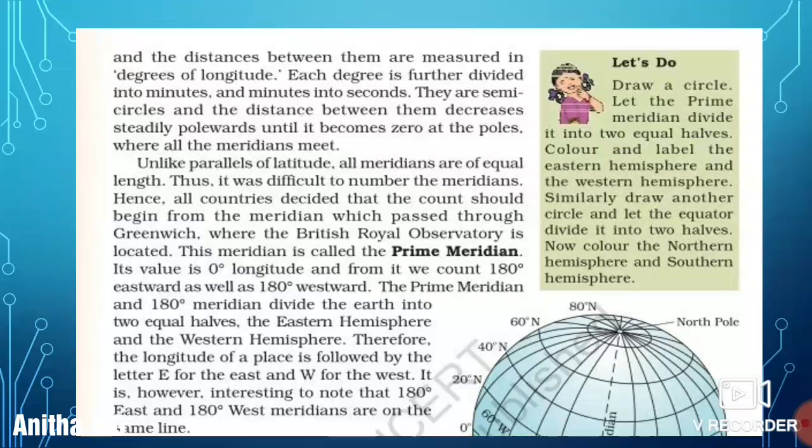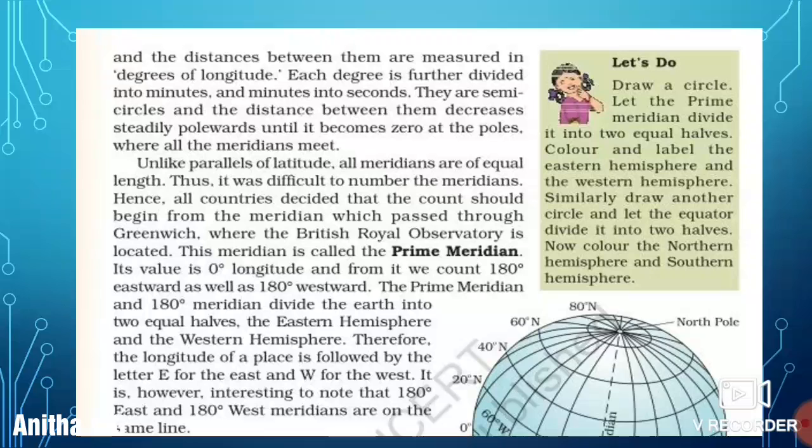The latitude 0 degree, the equator, divides the earth into two equal halves, the northern hemisphere and the southern hemisphere. In the same way, the prime meridian or 0 degree longitude also divides our earth into two equal halves, the eastern hemisphere and the western hemisphere.